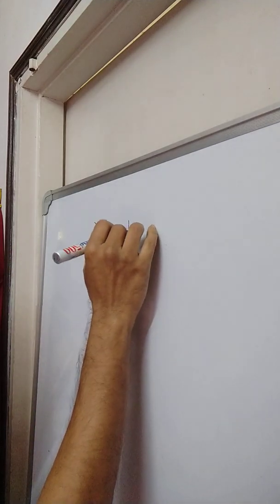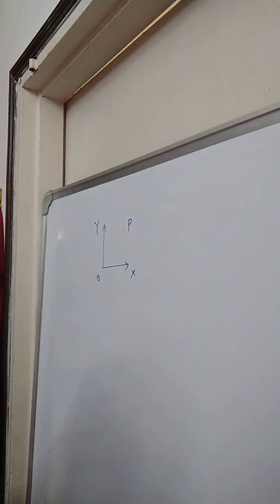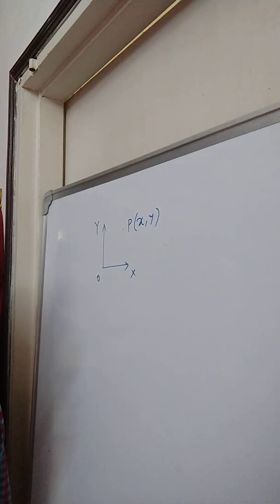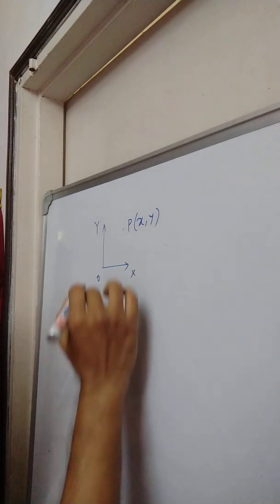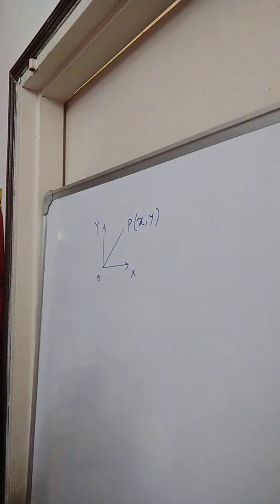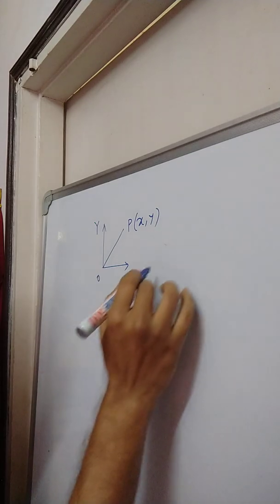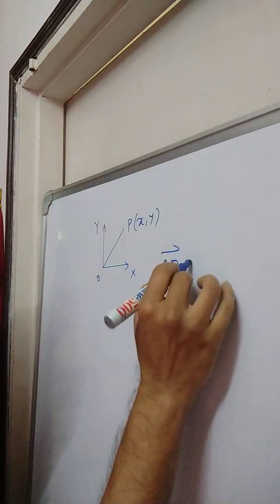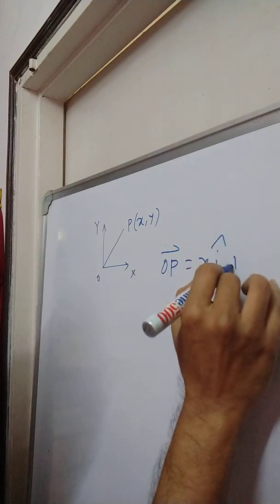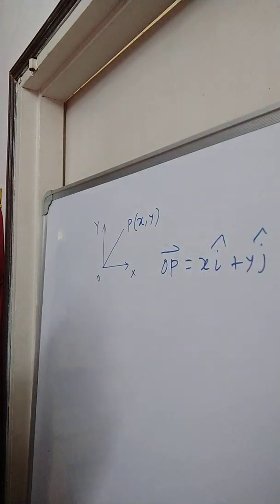We have a point here P which has coordinate x and y. So, we connect the origin with OP. Now, what is the OP vector? We write it as x i cap plus y j cap.